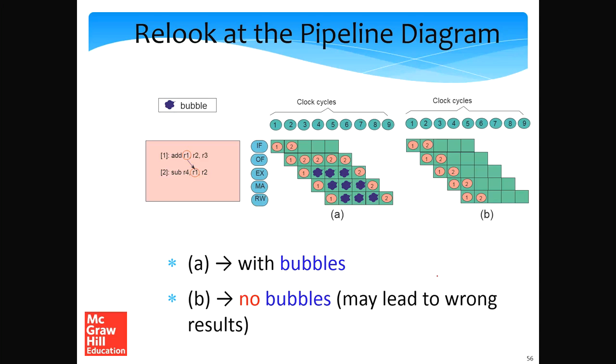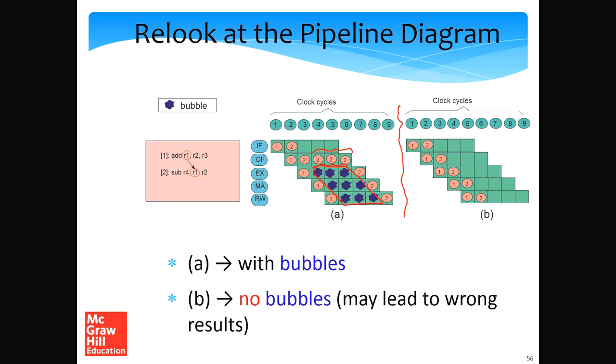In our older pipeline diagram with bubbles, once instruction 2 enters the OF stage, we make it wait there for 3 additional cycles and introduce 3 bubbles that flow through the pipeline. So this entire region covered by bubbles is wasted work. This is the work, the efficiency, that we are losing because we have bubbles in the pipeline.